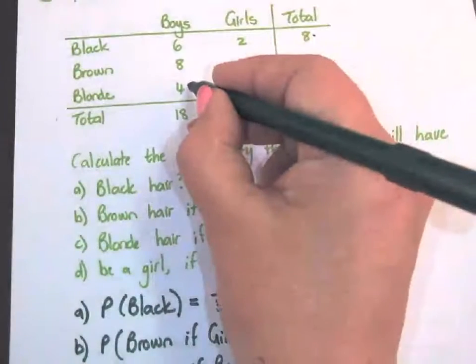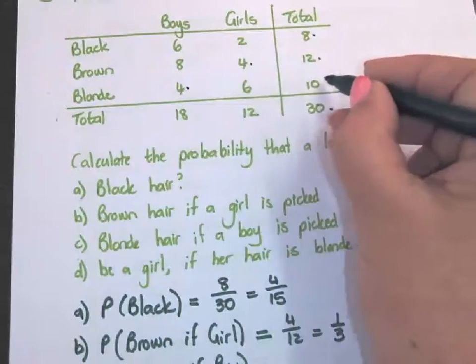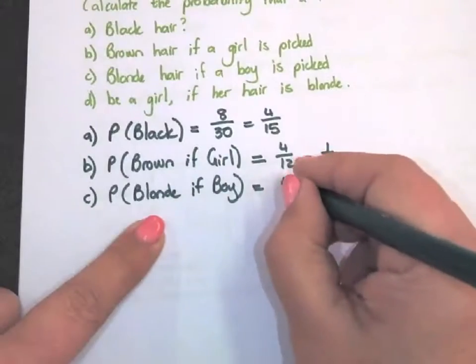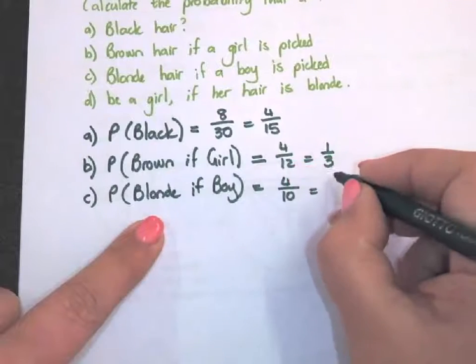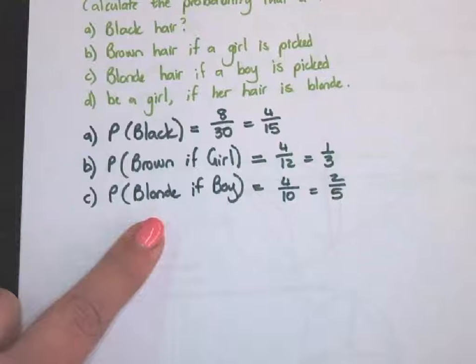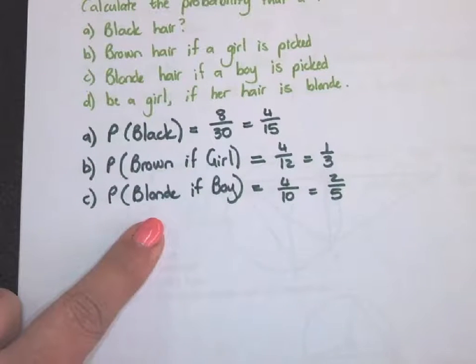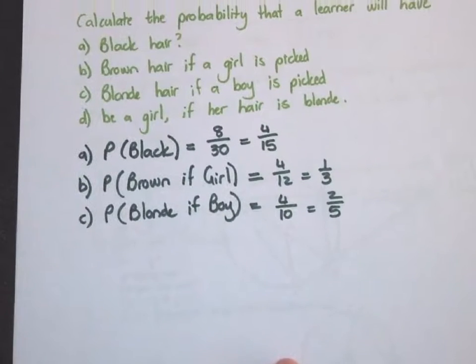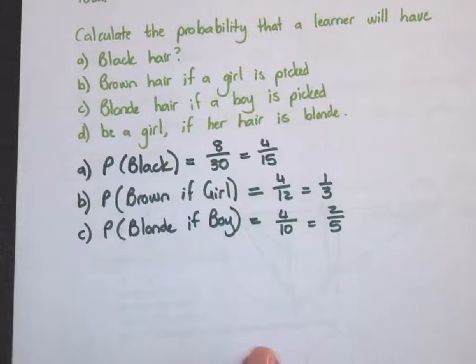Blonde for boys, 4 out of 10. In the notes it says 4 out of 18. I think that one is wrong in the notes.